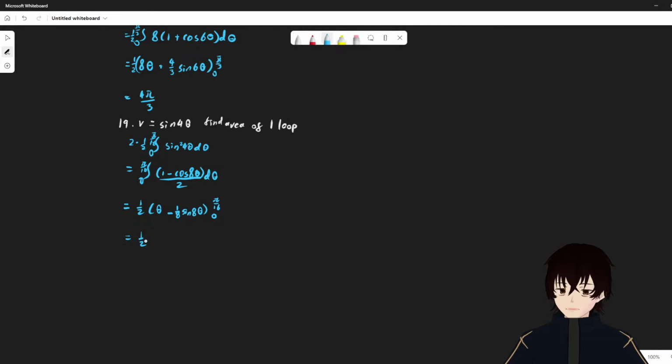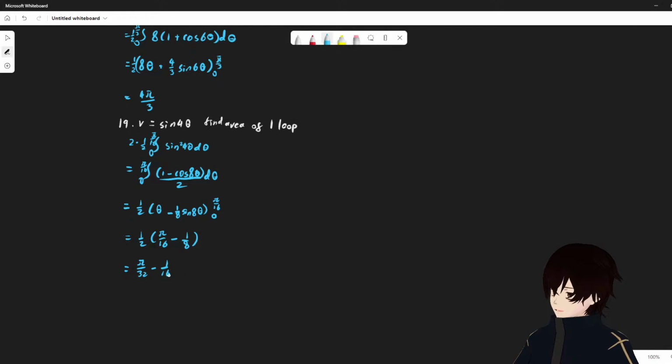Therefore, you get 1 over 2. Plug in 0, you get 0. Therefore, plug in pi over 16. Pi over 16 minus 1 over 8 sine of pi over 2. Sine of pi over 2 is 1. So we get minus 1/8. Equals pi over 32 minus 1 over 16.